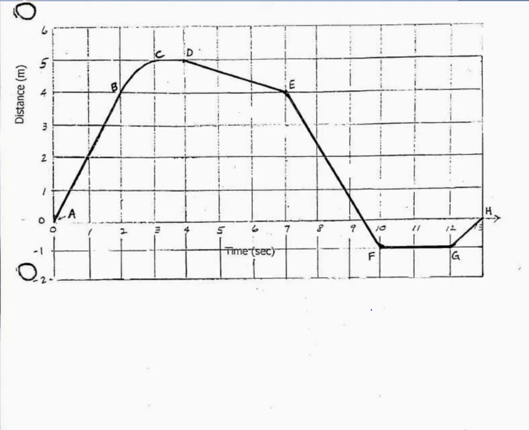So we are looking at this graph. It is a distance time graph, and we are going to analyze the different types of motion that are present here. So the first thing that we're going to look at is from the period of A to B, here to here.